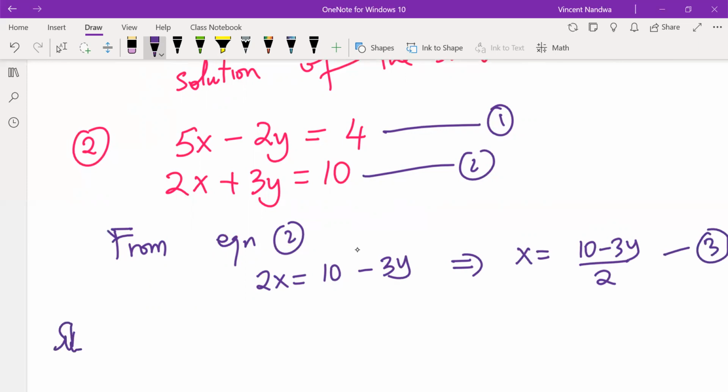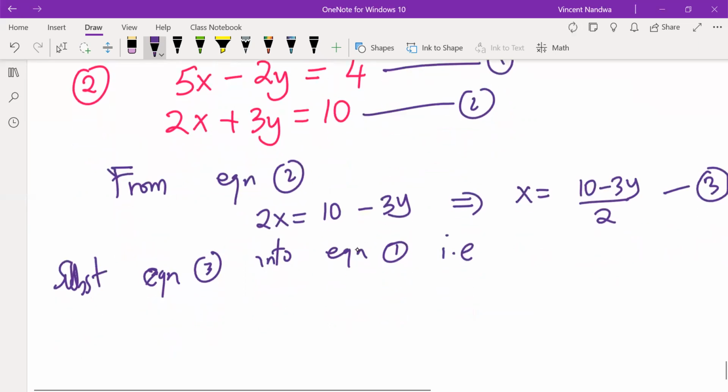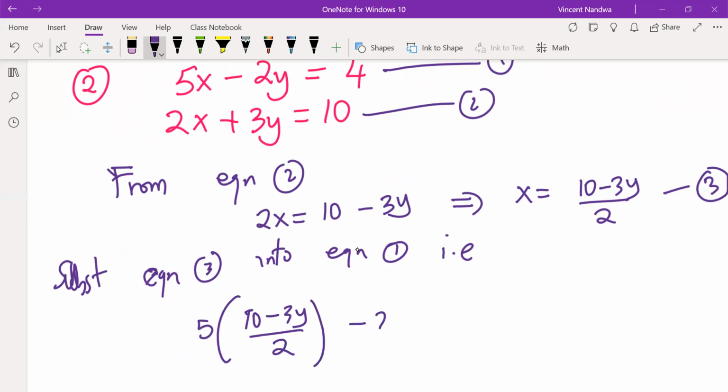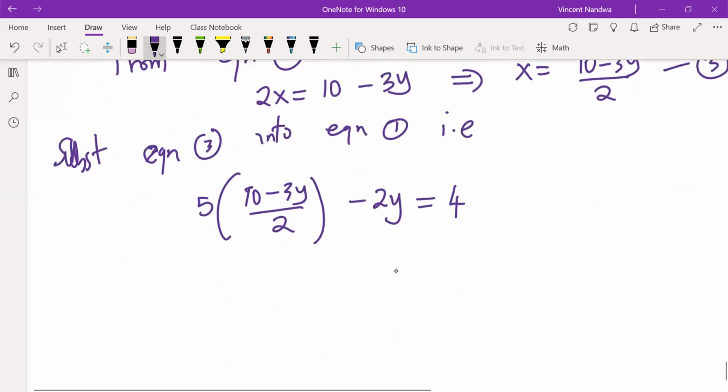Now substitute equation 3 into equation 1. That means that where there's x in equation 1, we put this expression. So we'll have 5 times (10 minus 3y) over 2 minus 2y equals 4.